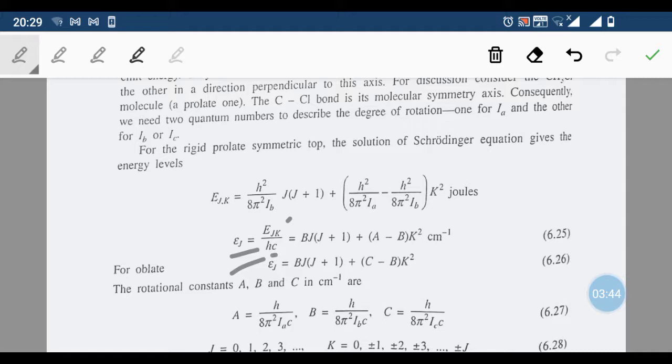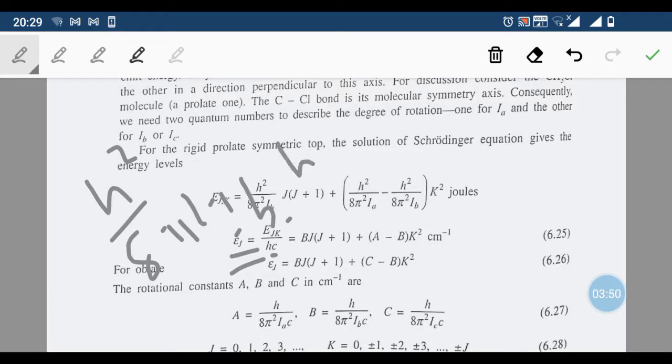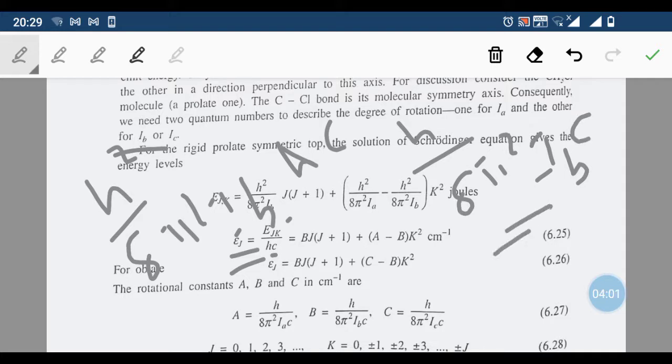So h square divided by 8 pi square IB divided by hc, where h and h get cancelled, becomes h divided by 8 pi square IB into c. That constant is taken as the constant B.